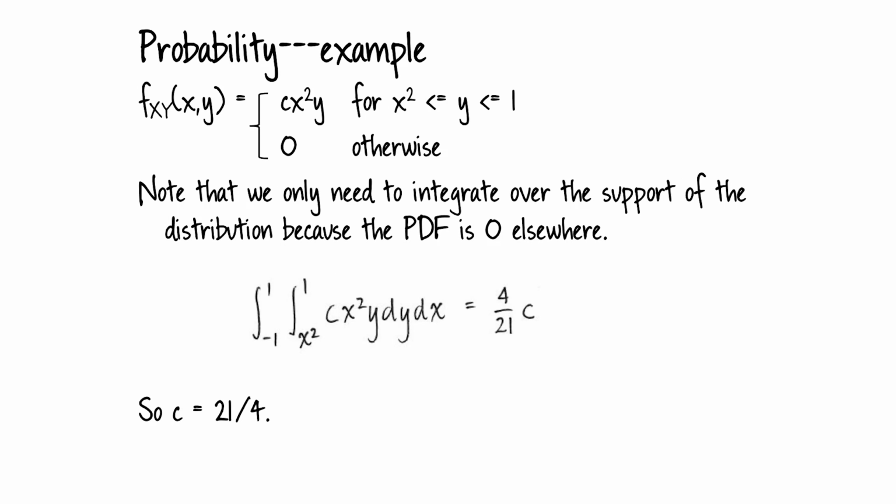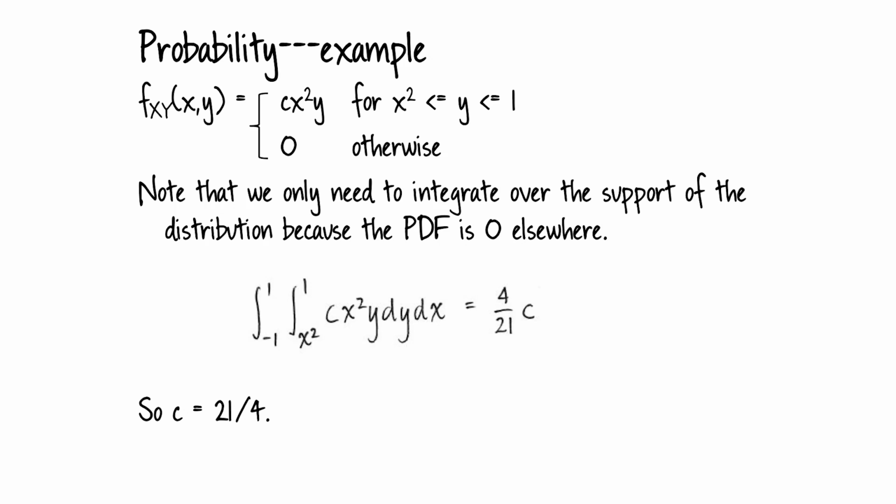Now, note that we don't need to integrate this function over the entire xy plane. We only have to integrate it over the support of the distribution because outside of that support, the PDF is equal to 0. Okay? So here's what we do. I set up the integral. So here is the joint PDF.